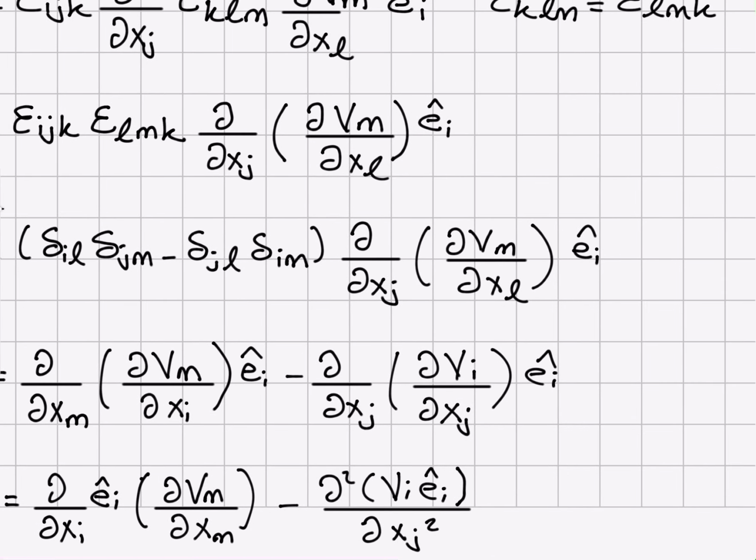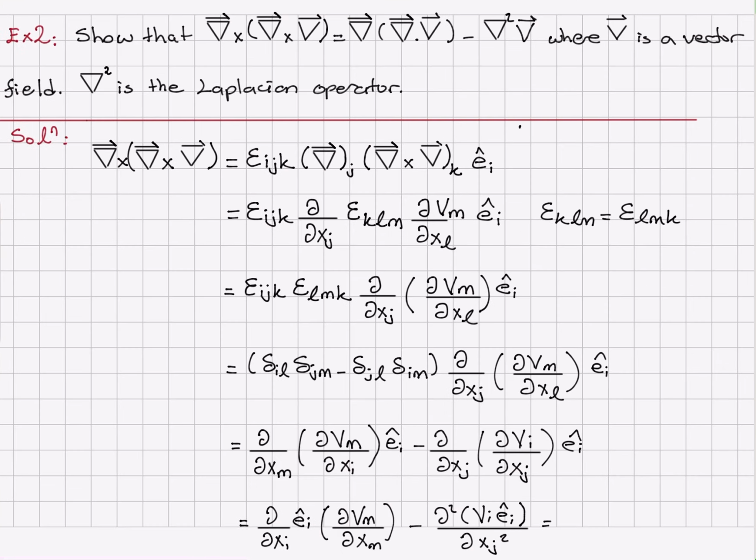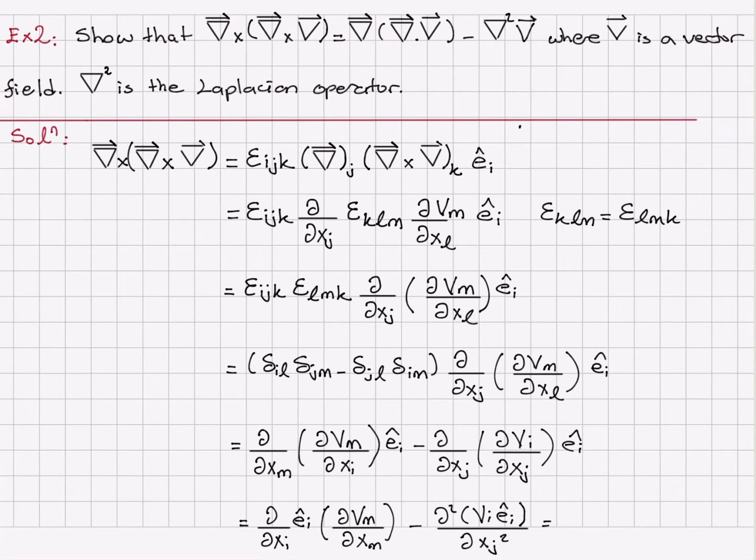And now I'm reading the first term here. It's the gradient operator multiplied by divergence of V minus Laplacian operator acting on V. So basically, what I see here is exactly this. So let's copy that there. This is our final result, which was what we were supposed to prove.